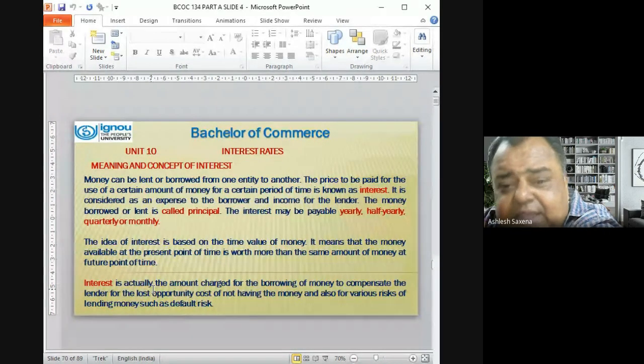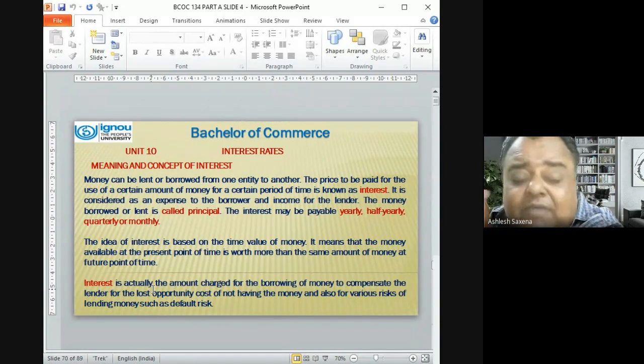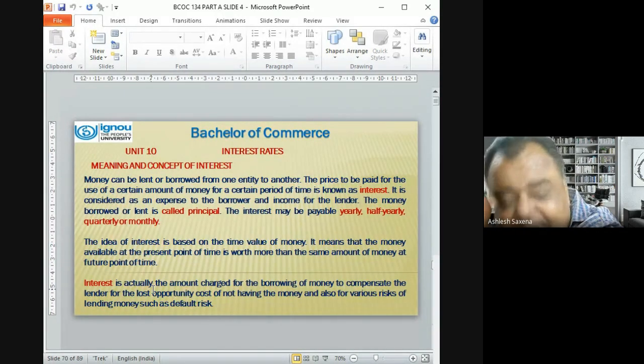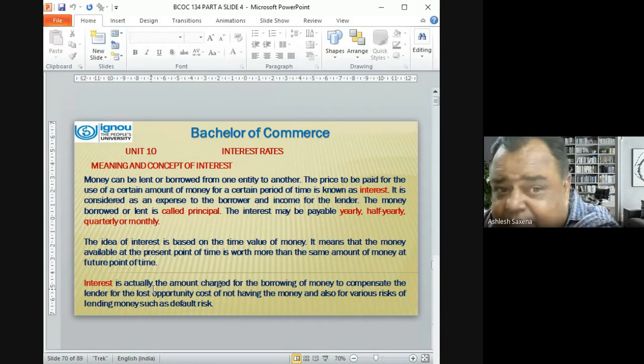The money which is borrowed or lent is the principal. In our case, the principal amount was $100, the amount was $105, the period was 3 months, and the rate of interest can be calculated later on. The idea of interest is based on the time value of money.